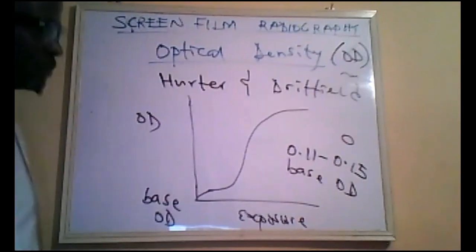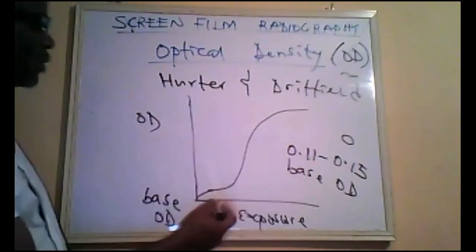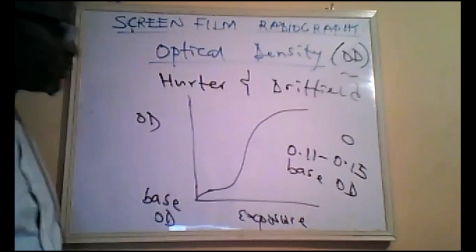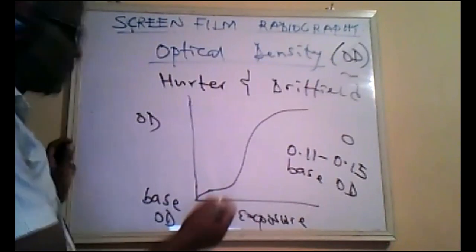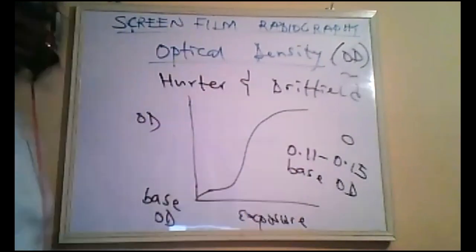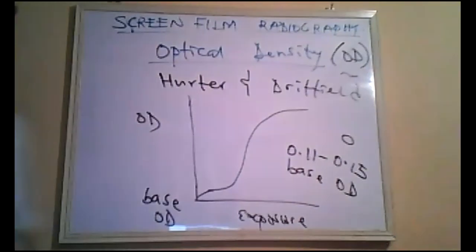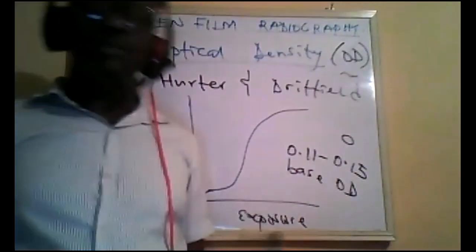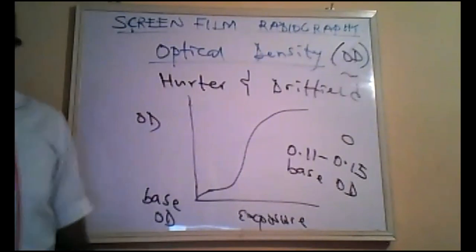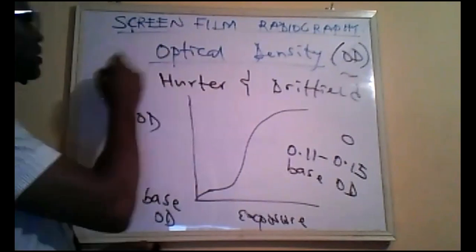So for films that have been stored for some time, it's going to have some kind of fog, and the fog is a result of temperature, because temperature can actually affect the film, just like in our TLD readers.